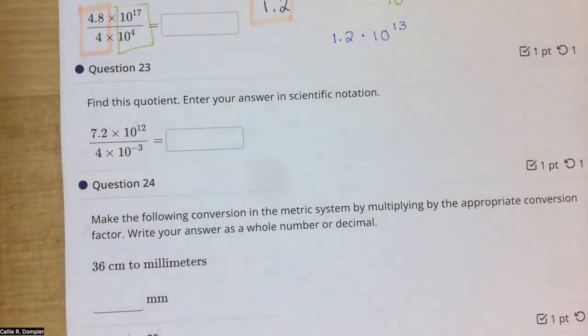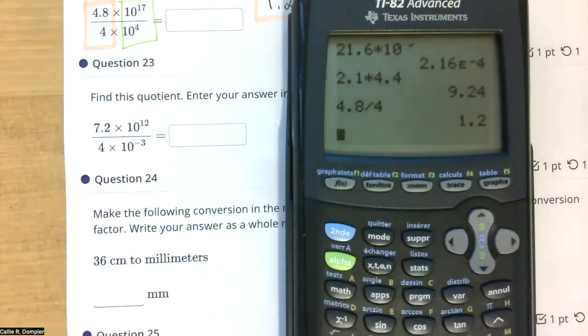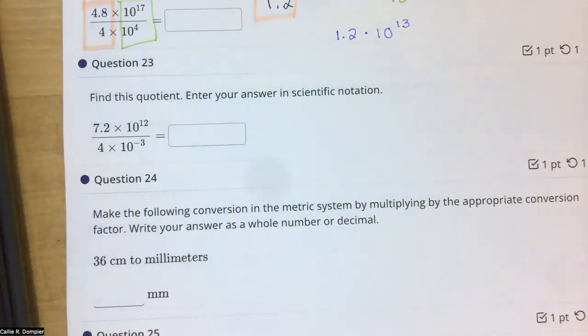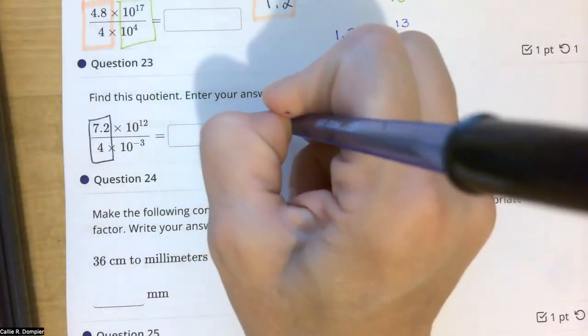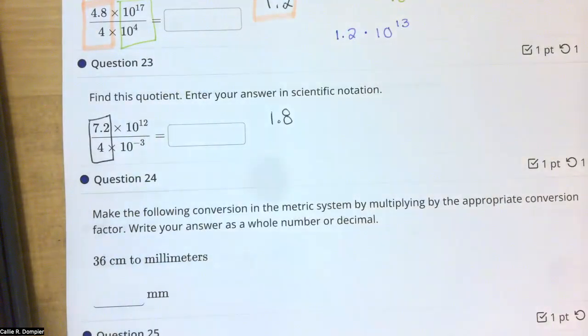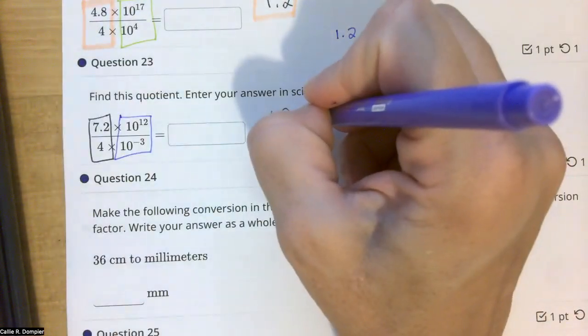Find this quotient, enter your answer in scientific notation. We have 7.2 divided by 4, which gives us 1.8. And then here we have 10 to the power of 12 divided by 10 to the power of 10.